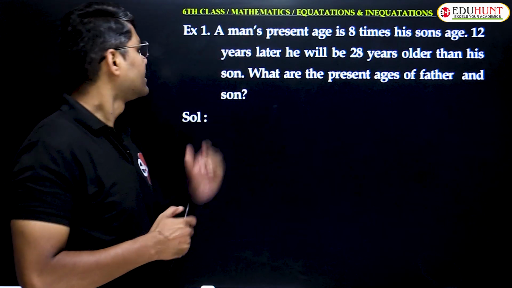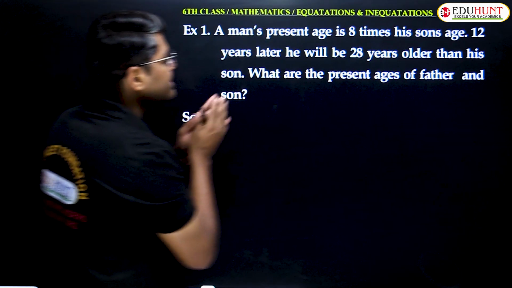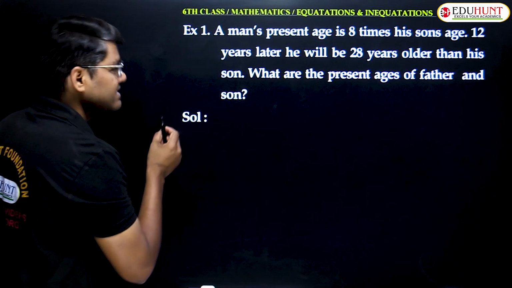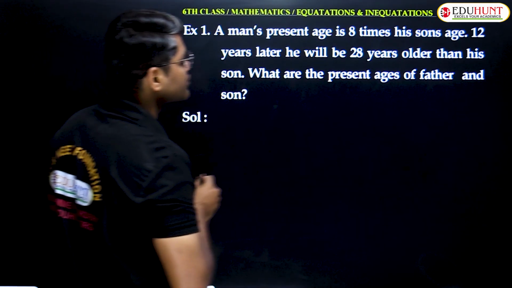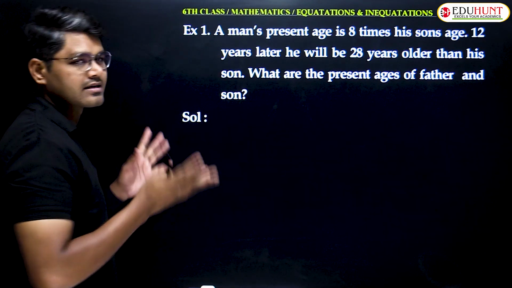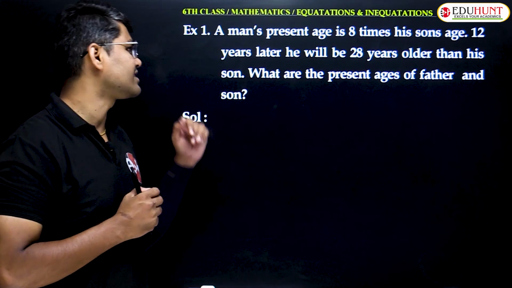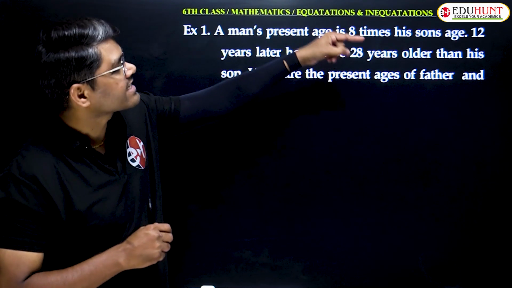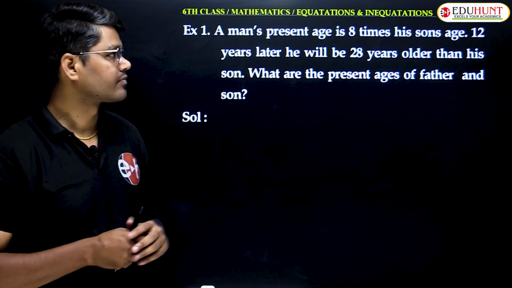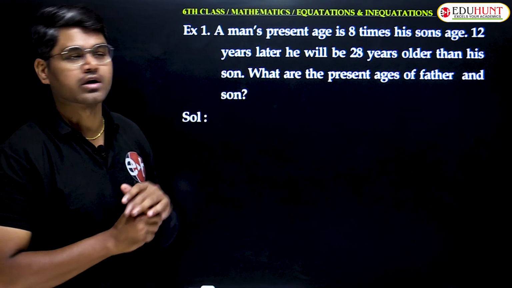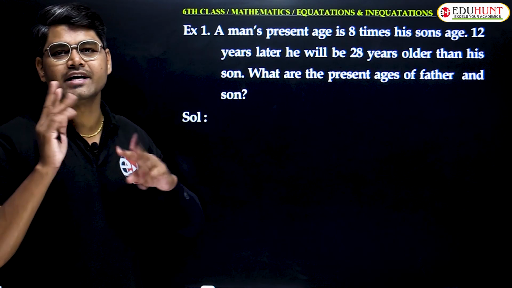Let's see this question. A man's present age is 8 times his son's age. 12 years later, he will be 28 years older than his son. What are the present ages of father and son? It's a very interesting question. Two conditions are given.